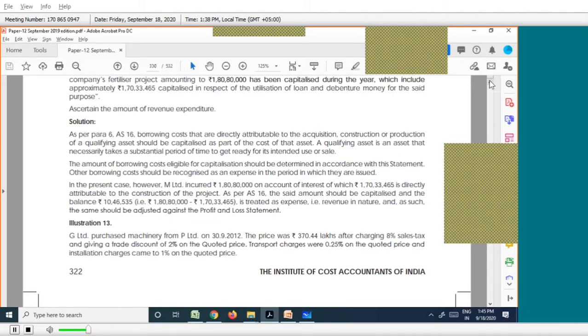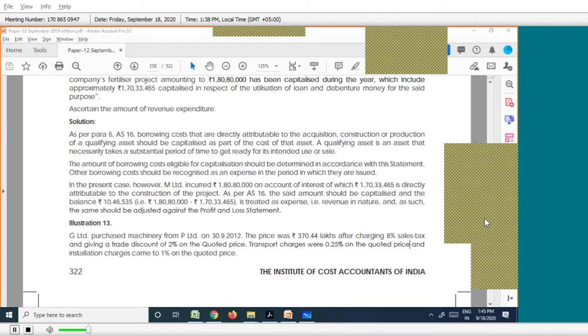What is this quoted price? What do you mean by quoted price? Who will quote to whom? What is a quotation?